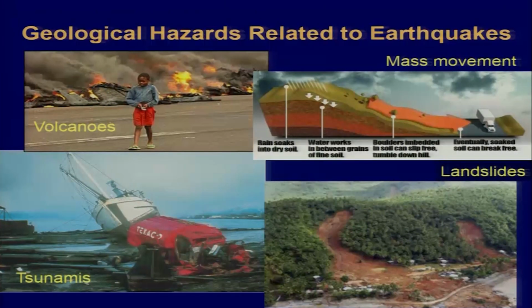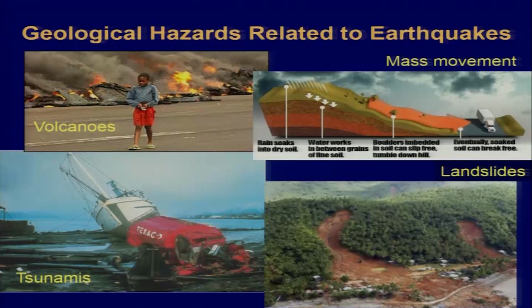For example, volcanoes, tsunamis, landslides, liquefaction, these are all secondary effects which should be taken care of, and we should understand that these areas would be prone to such hazards because of strong ground shaking or because of the subduction which is going on. Volcanic eruptions can also be triggered because of a great earthquake.